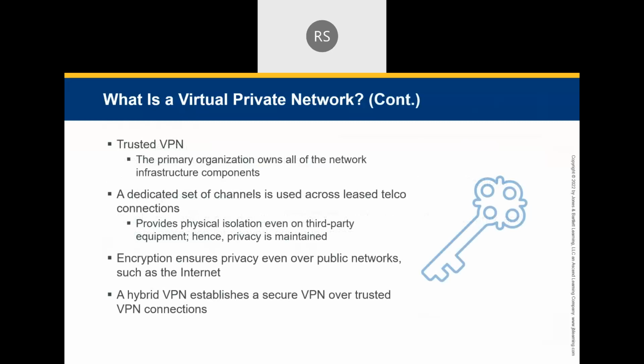It maintains the privacy through physical isolation, even when you're using third-party equipment. And also, the trusted VPN, once again, implements encryption. This is for privacy and it ensures secure communications, even over public networks like the internet.